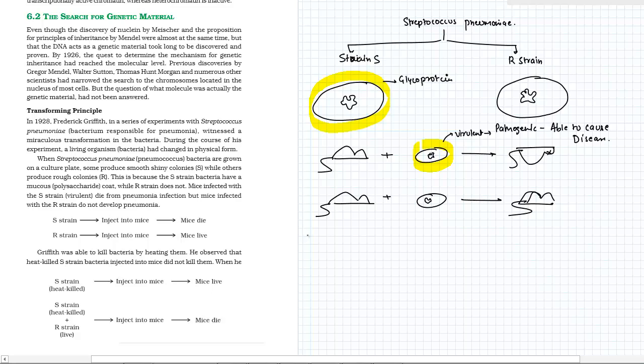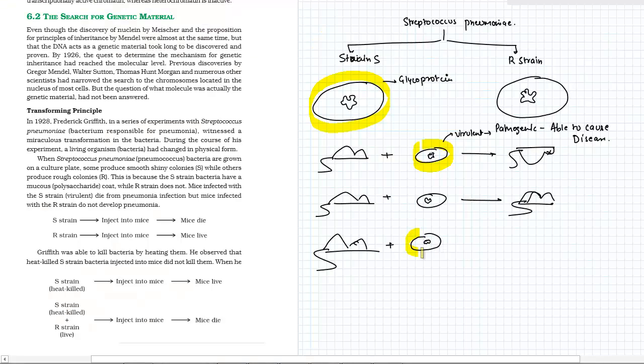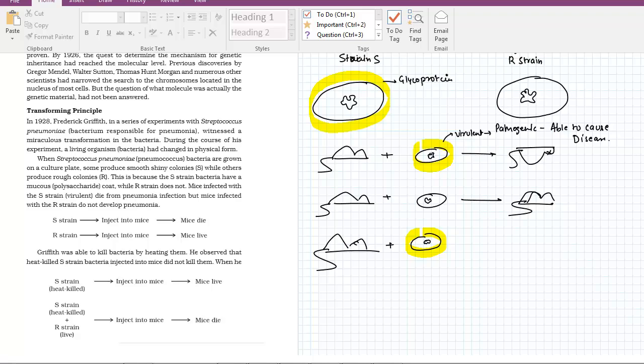Now here comes some interesting setups. He took the smooth strain bacteria, the one that had this glossy covering, but just before injecting it into the mouse, what did he do? He heat killed it.